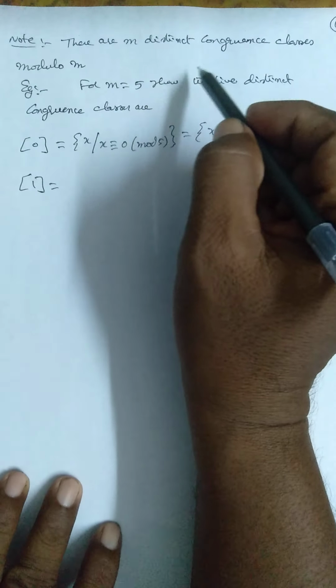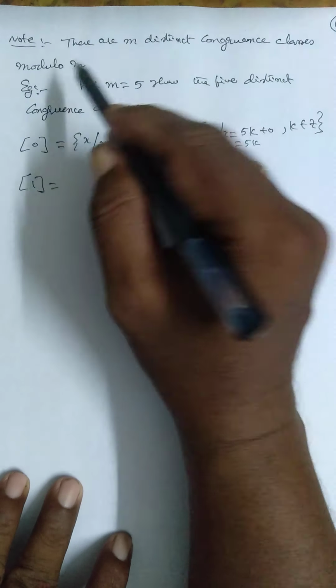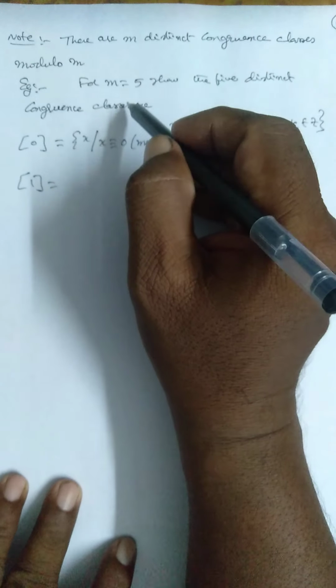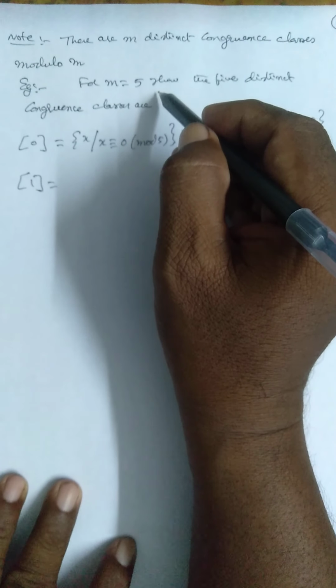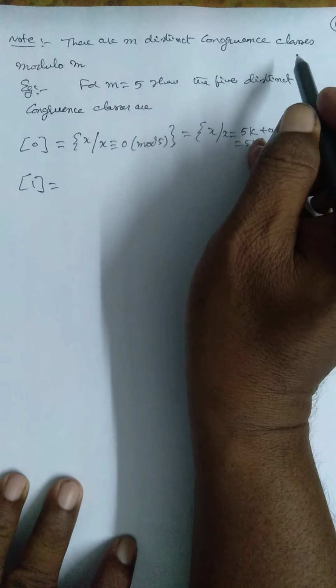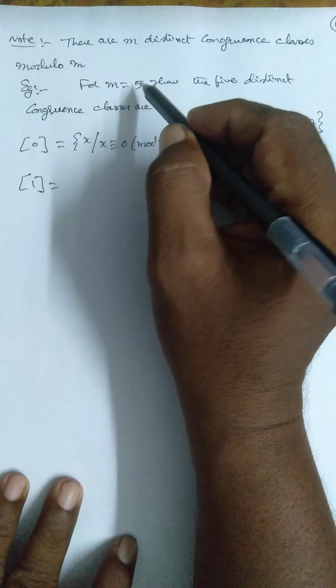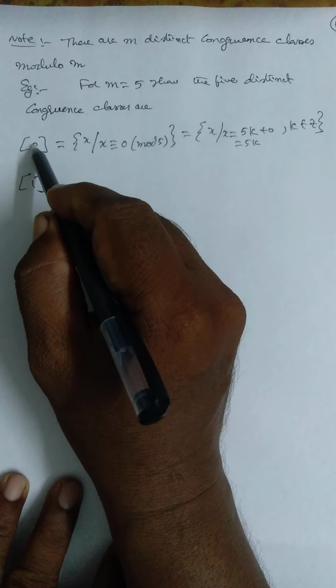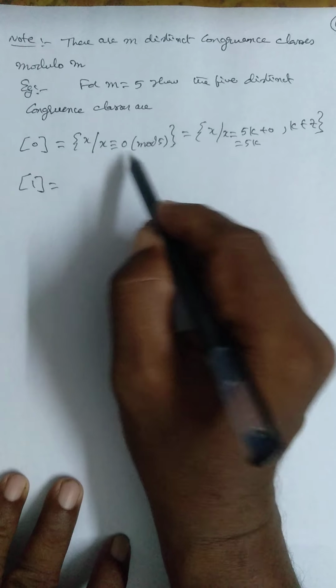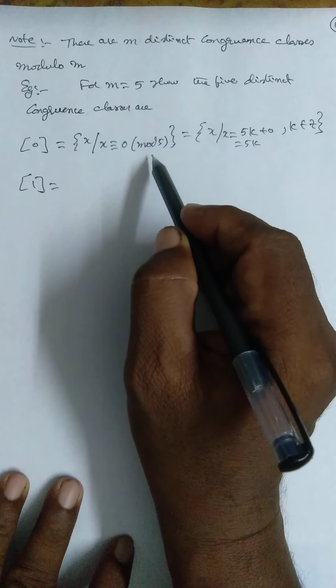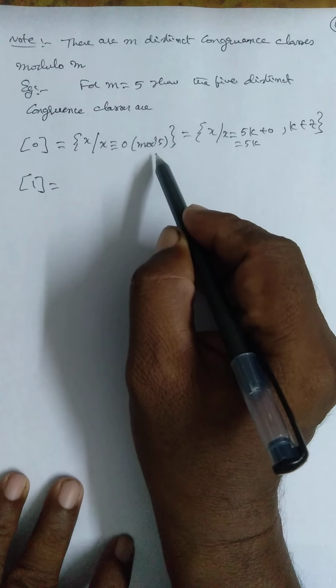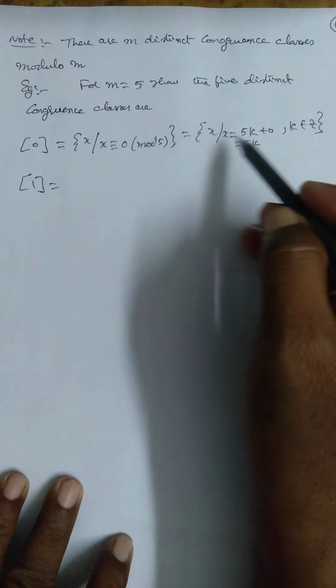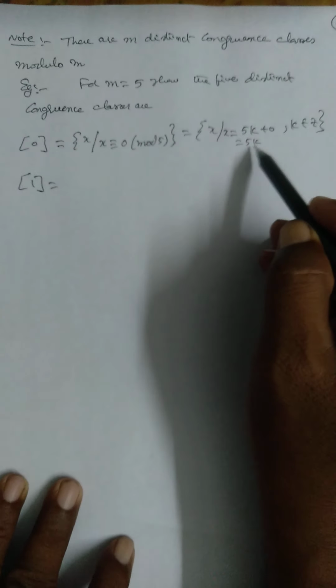There are m distinct congruence classes modulo m. For example, m is equal to 5. How to write the distinct congruence classes modulo 5? Bracket 0 is the set of x such that x is congruent to 0 mod 5. Here a is equal to 0, so 5k plus 0, that is 5k.